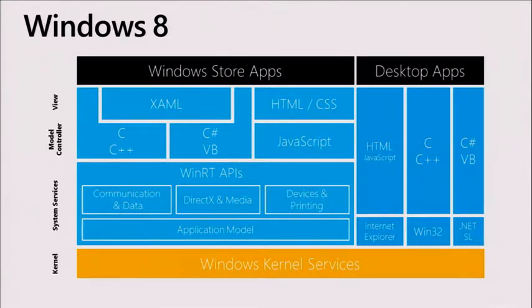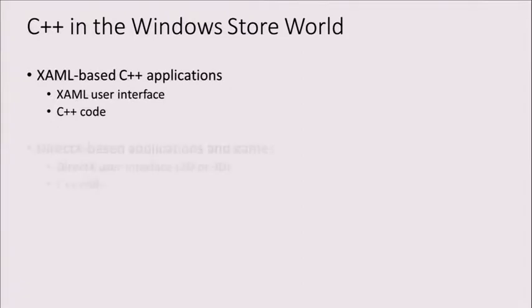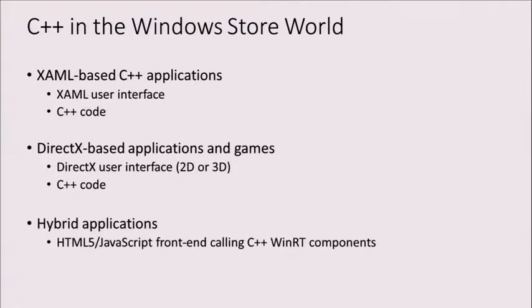So there is a lot of native power built into the stack. And the XAML that you see here is not the old .NET XAML. This is a pure native implementation of XAML. So even if you're using XAML, you're not getting into any .NET stack. So just to summarize that slightly differently, all three programming models are available for you in C++.